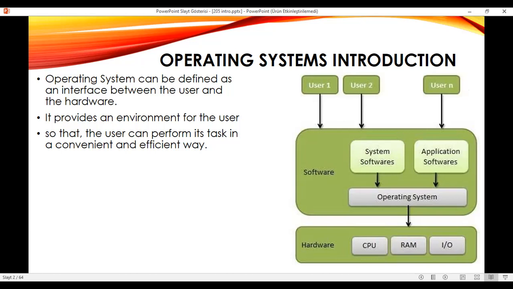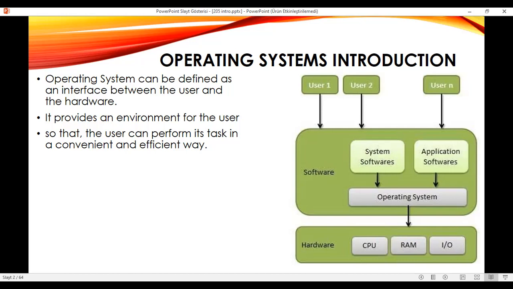The hardware is the main part of the computer, and they designed software to manage the hardware. So the main software to manage the hardware is the operating system. If any of you have installed an operating system before, it is the first program that you install on your computer.